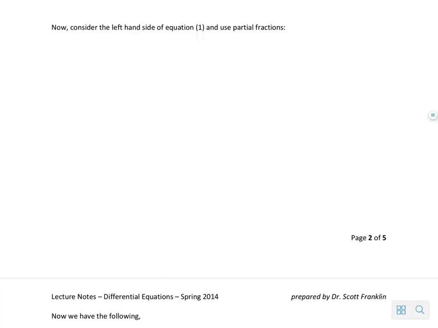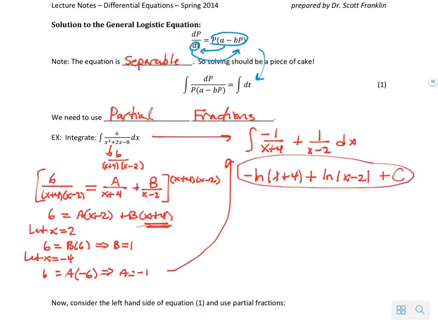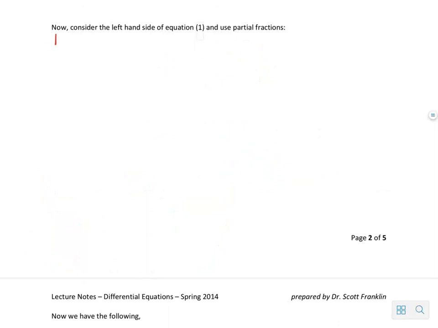Did everybody finish the previous slide, or do I need to go back? We good? Okay. So 1 over P times (A minus BP) equals something over P plus something else over (A minus BP).